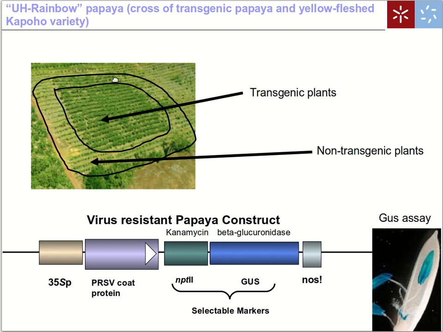You can see here the effectiveness of the plant. You can see here the central plantation of the transgenic plants and the non-transgenic plants outside, and it's quite obvious what the effect is.